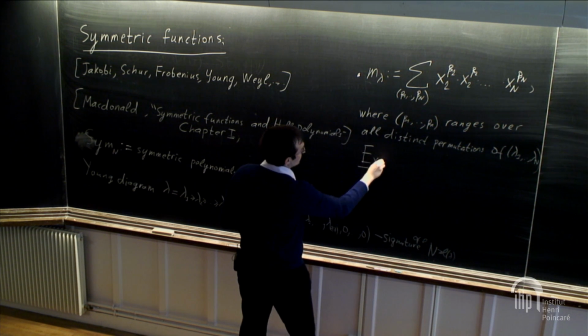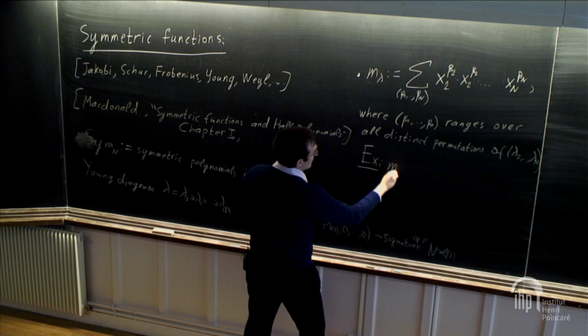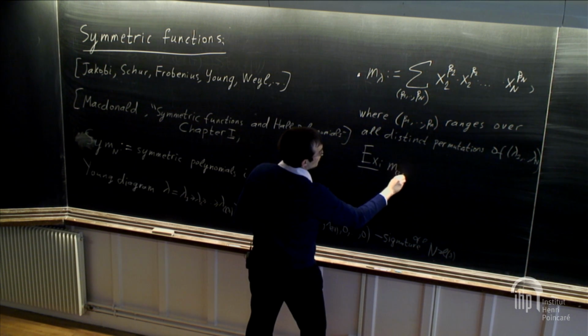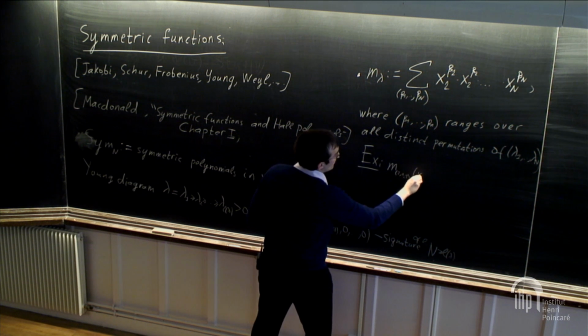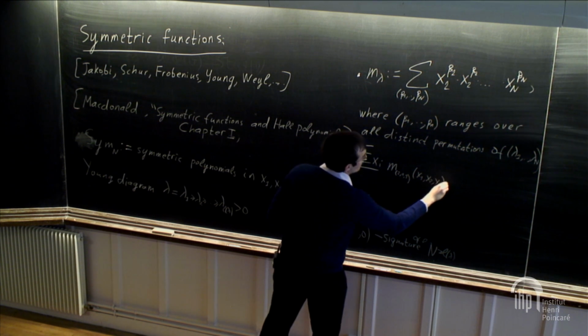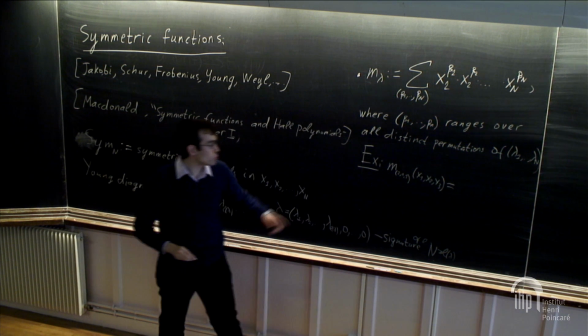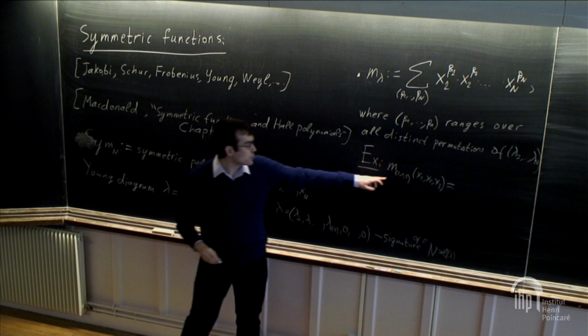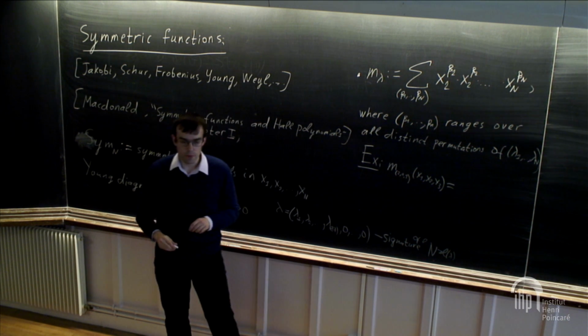So let us do an example. m of (2, 1, 1) of x1, x2, x3. What will be the answer? What will be this function for signature (2, 1, 1) of length 3?